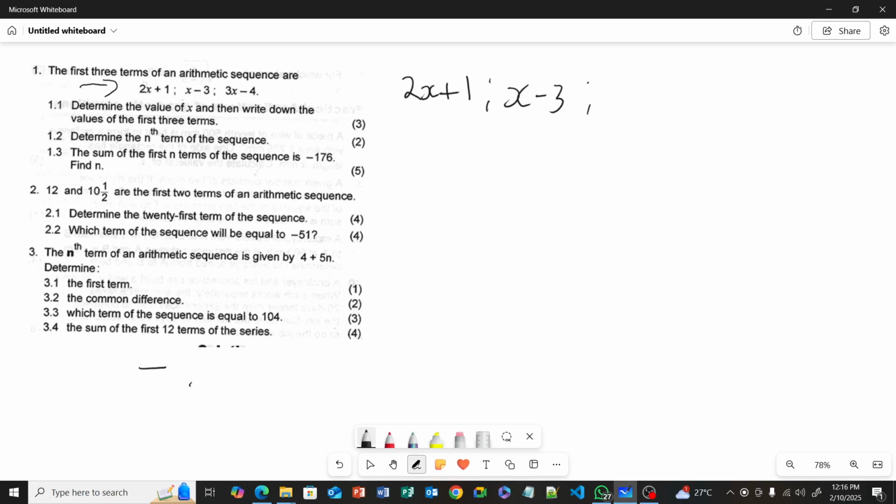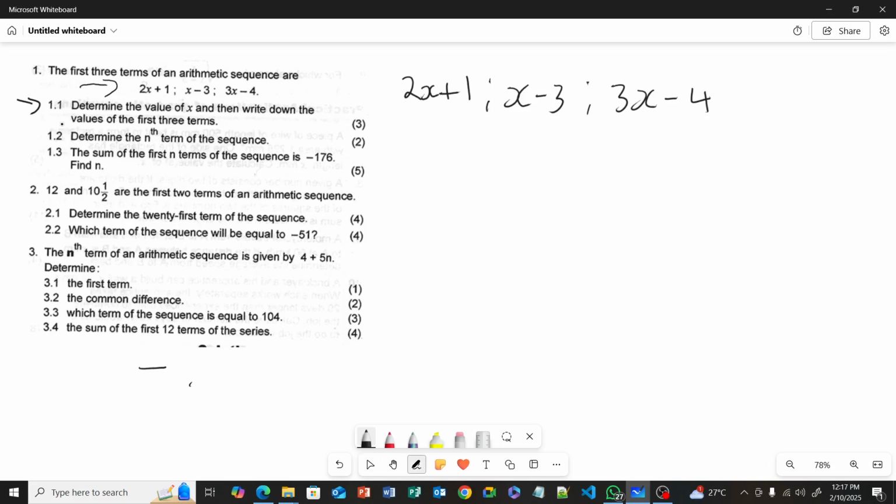You are given 3x minus 4, which is the third term. So now question 1.1, determine the value of x and then write down the values of the first 3 terms.